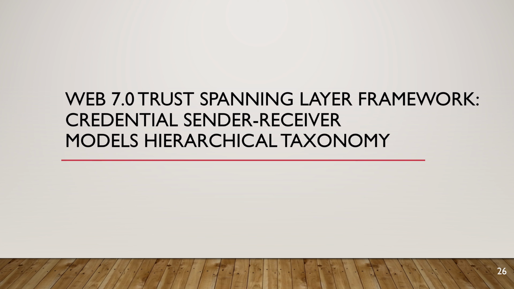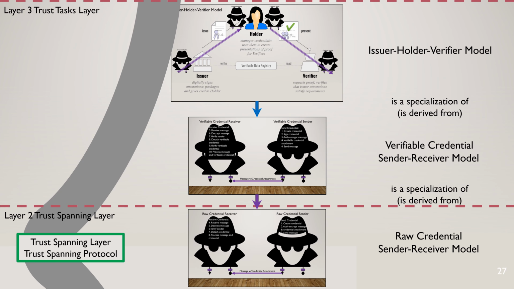So we've got these 3 steps. We're beginning to see that we're on the cusp, if you will, of creating a hierarchical taxonomy of credential sender-receiver models. So let's illustrate that hierarchy here.